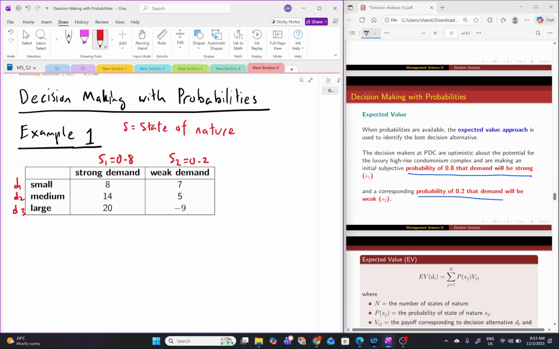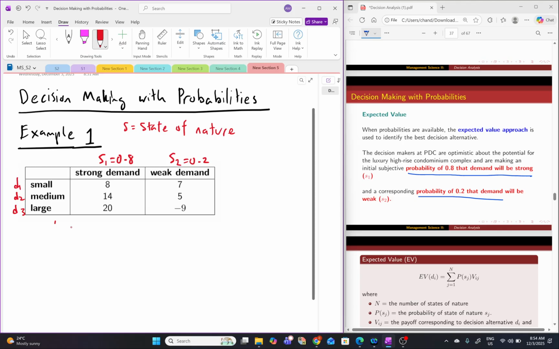Sama ada small, medium ataupun large. Given probability of state of nature, strong demand, weak demand, the alternatives are small, medium and large. Dia kena pilih yang mana satu.